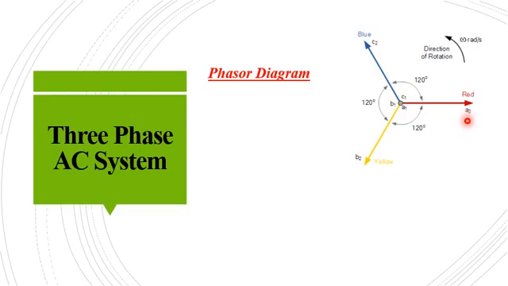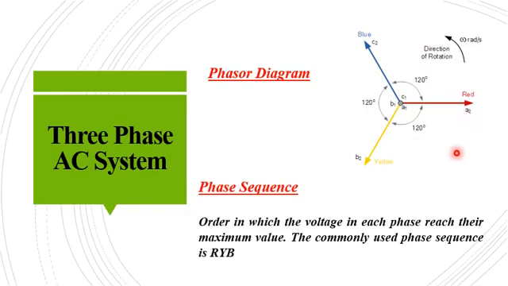Now the commonly used term in this 3-phase AC system is the phase sequence. Phase sequence is the order in which the voltage in each phase reaches its maximum value. Looking at the above phasor diagram, these phasors are rotating in the anti-clockwise direction. A phasor has its maximum value when it is vertically upwards.